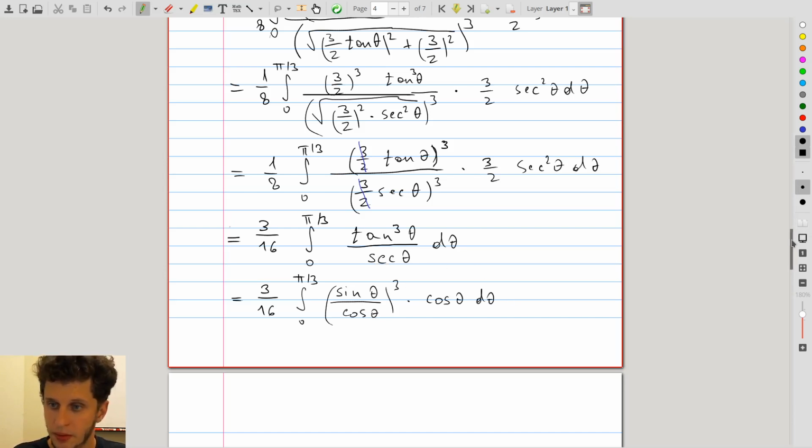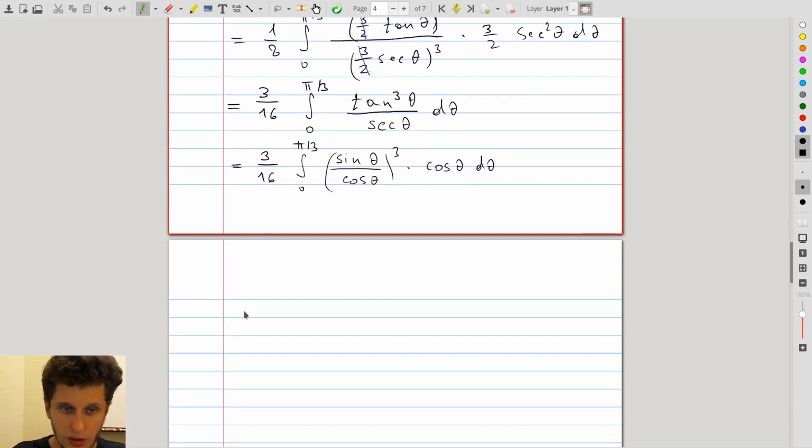Okay. So that I now have 3 over 16, integral from 0 to pi over 3, sine cubed theta over cosine squared theta d theta.